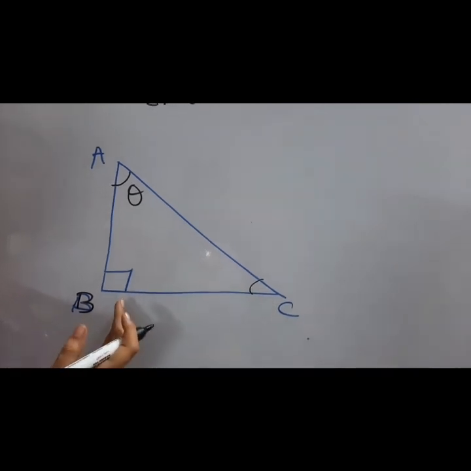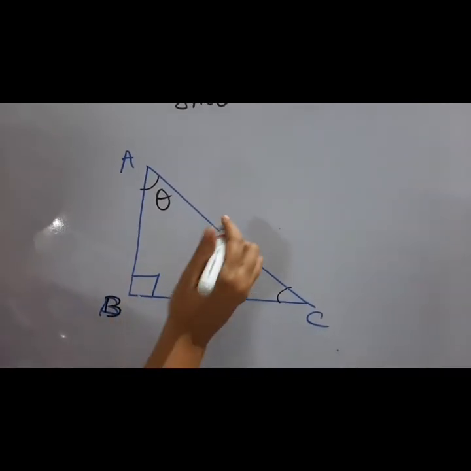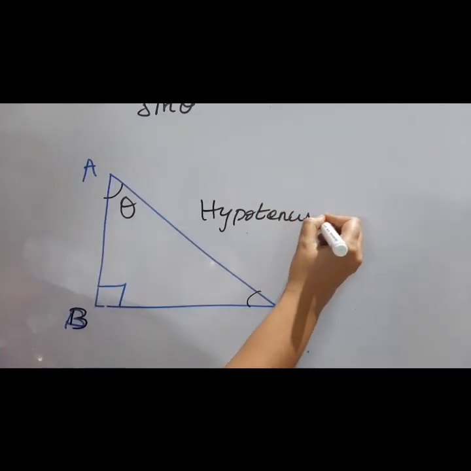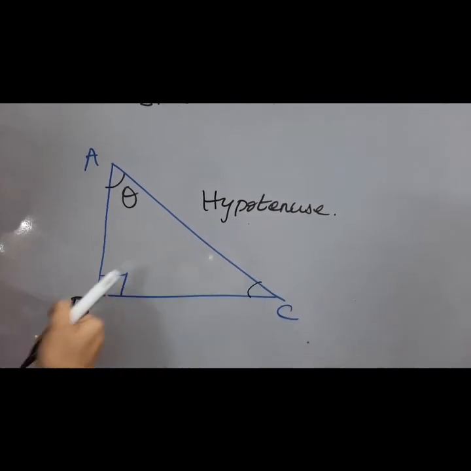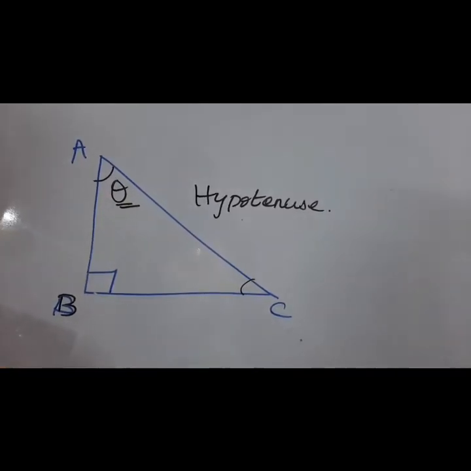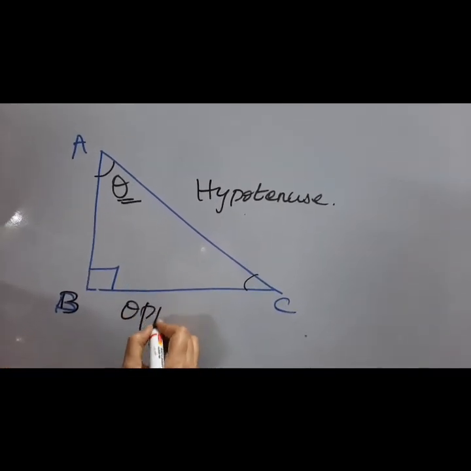So in a right angle triangle, the side which is opposite to 90 degree, as we know, is the hypotenuse. Now this angle we are going to consider. The side opposite to this particular angle is the opposite side.